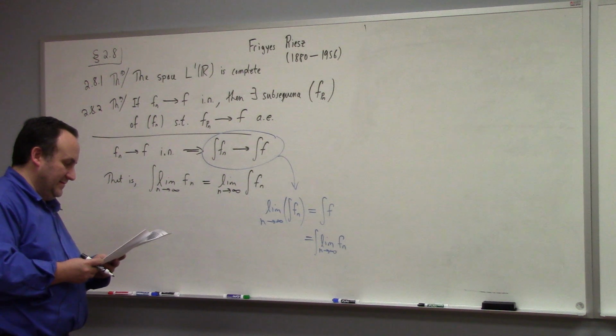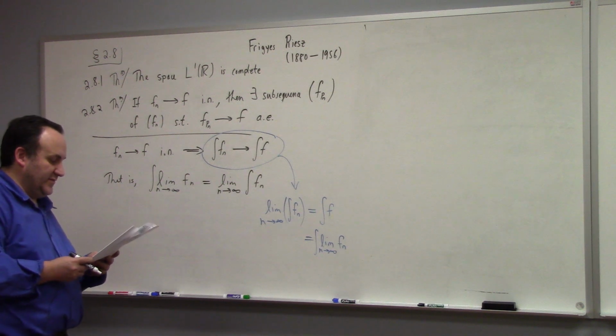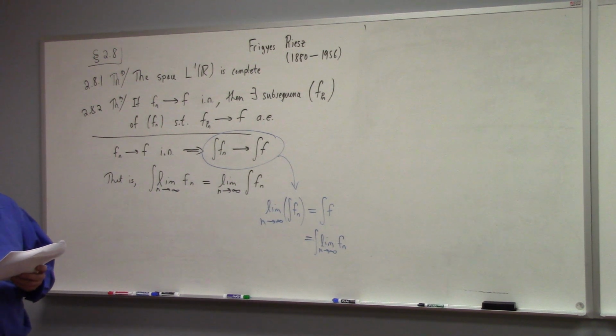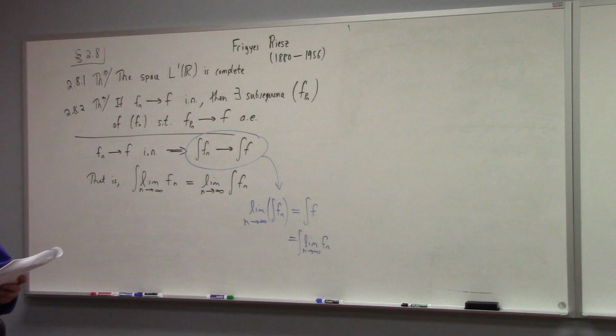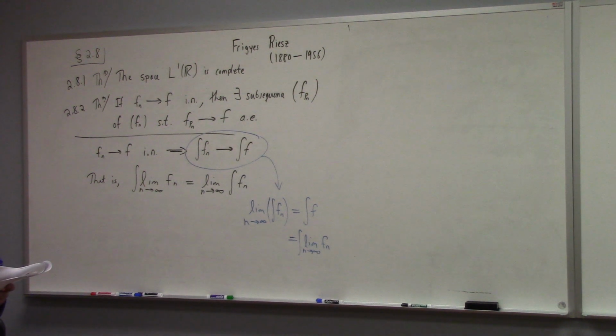He says, on the other hand, in practice, it's often much easier to show that a sequence of functions converges almost everywhere than it is to show convergence in norm. And he says theorems 2.83 and 2.84 give conditions which are usually easy to check and at the same time imply convergence in norm. Now he's going to define non-increasing almost everywhere and non-decreasing almost everywhere to be just what you'd think.